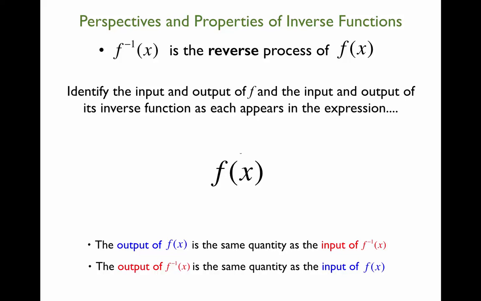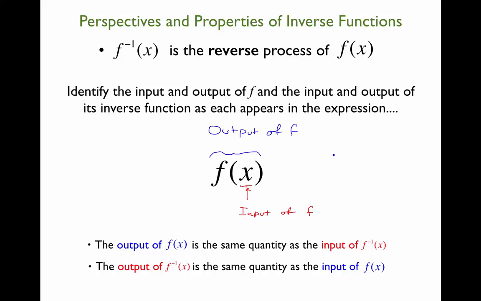So where do we see the input of f? Where's the input of f? x. Where do we see the output of f? f of x. The whole thing represents the output of f when the input is x. Okay, so then where do we see the input of f inverse?